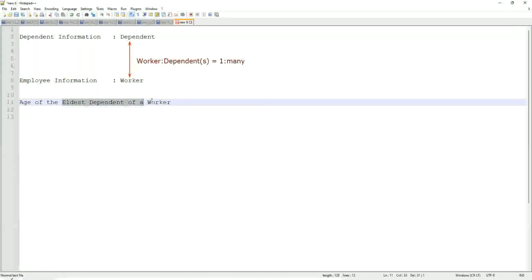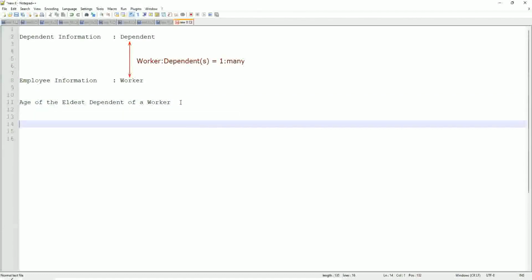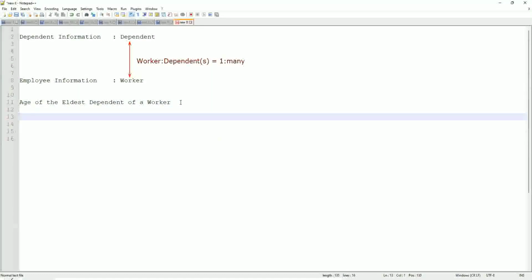Now, eldest dependent. One worker may have many dependents. Now, when you have multiple dependents, how do you find the eldest dependent? Based on what? Based on the age. Based on the age of the dependent.